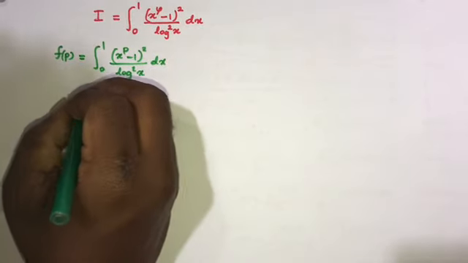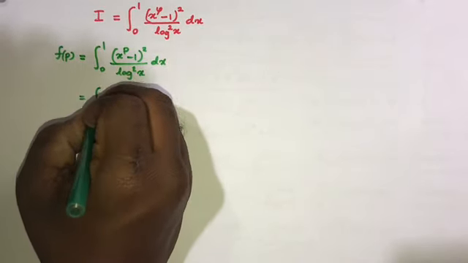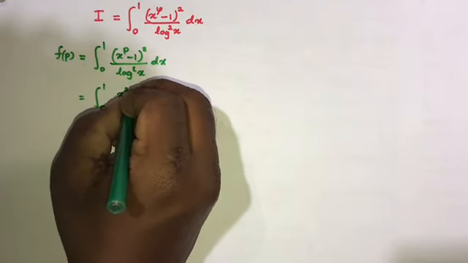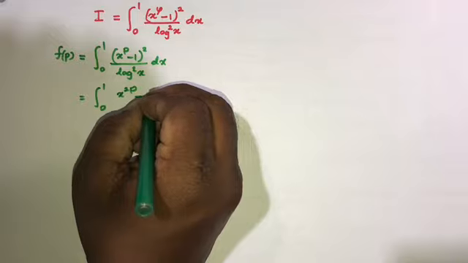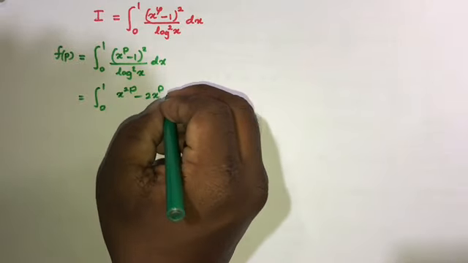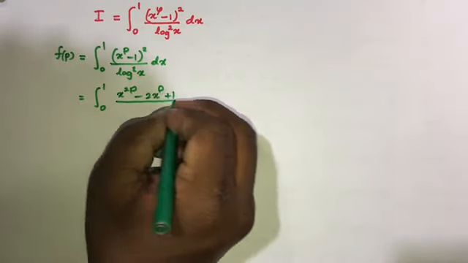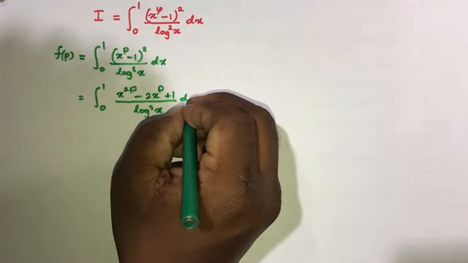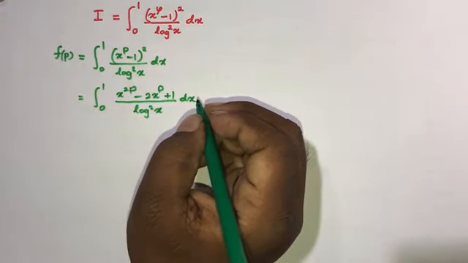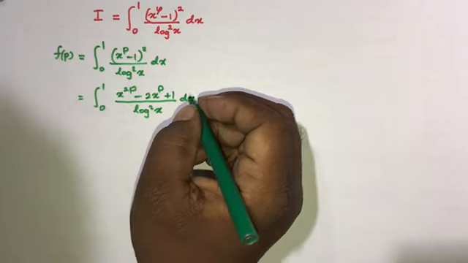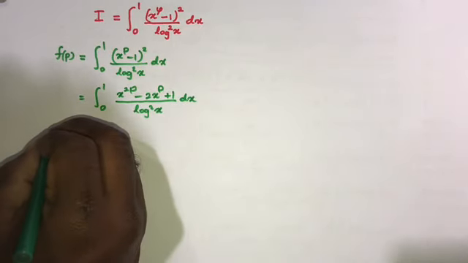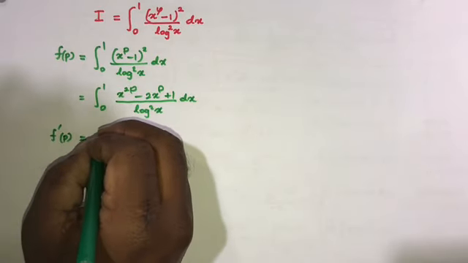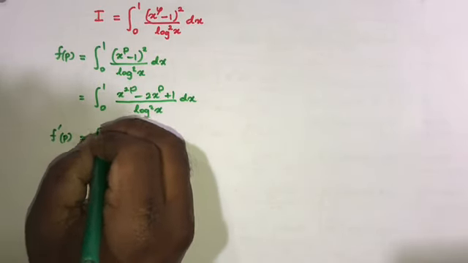Well, then we can simplify this: the integral from 0 to 1 of (x^(2p) − 2x^p + 1) over log²(x) dx. Okay, this is f(p). Now I am going to take the derivative. So f'(p) is the integral from 0 to 1.